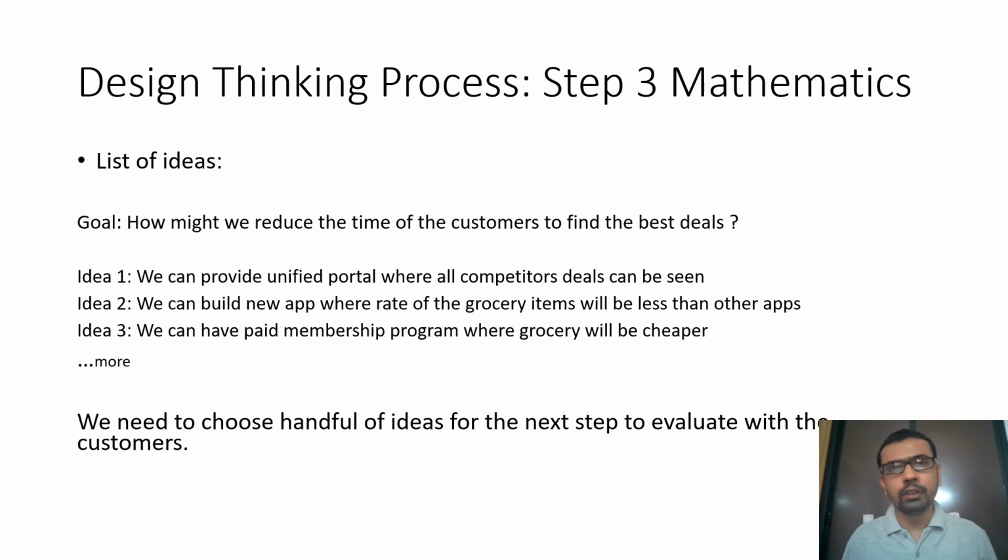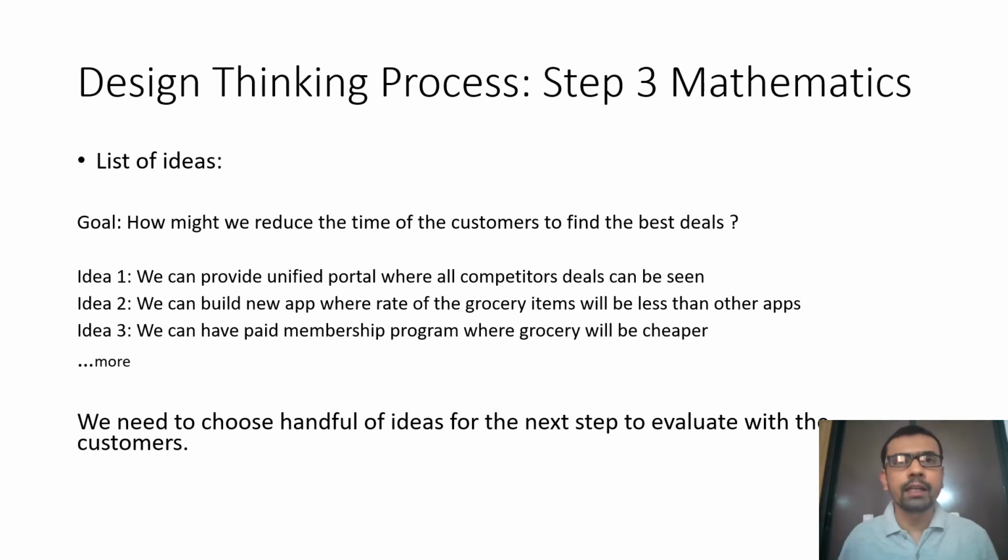Just as an example, we'll choose first the unified portal, where the user can see the groceries, see the competitors' pricing, and select where they need to buy from. We have put it in one sentence in the solution.